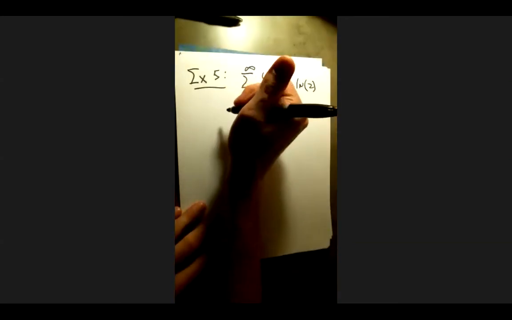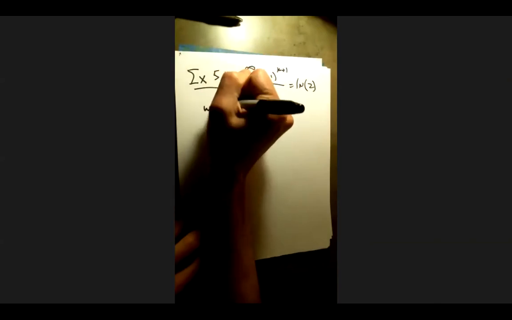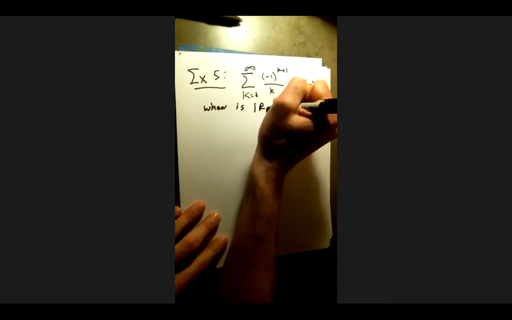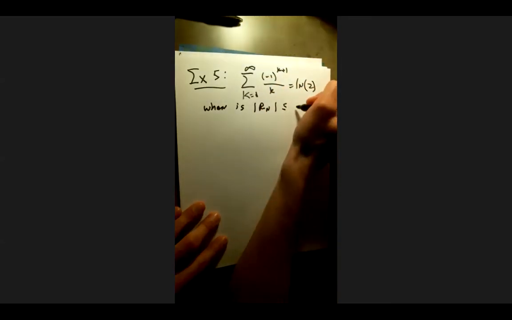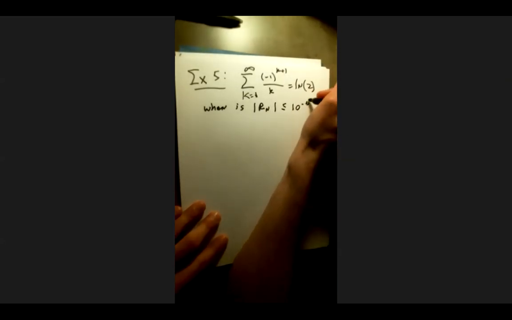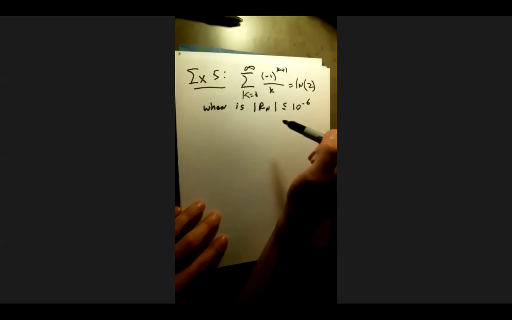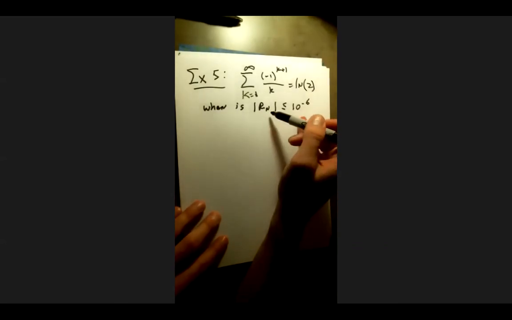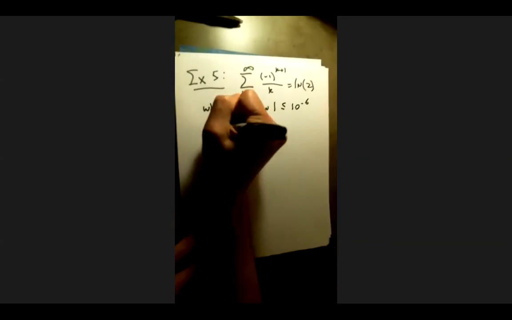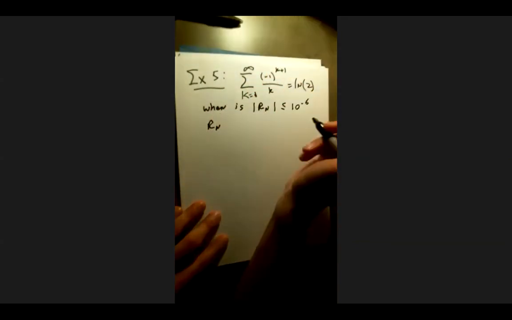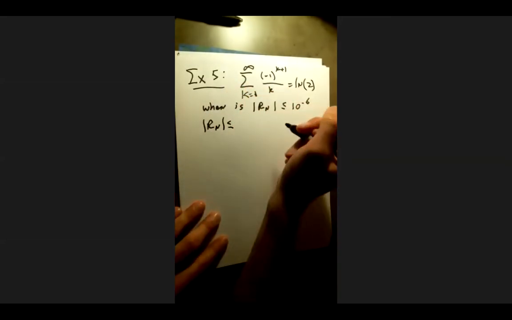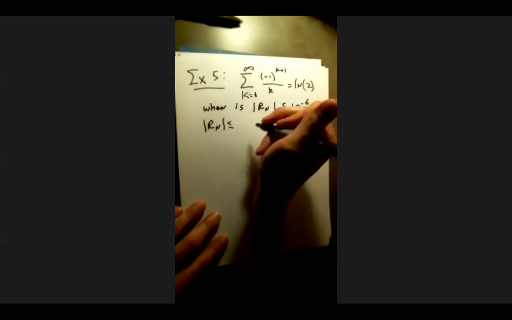So what we want to know is when the remainder is less than or equal to 10 to the -6th. And so we have to ask ourselves, what is the remainder? Rn is going to be less than or equal to the next term out.